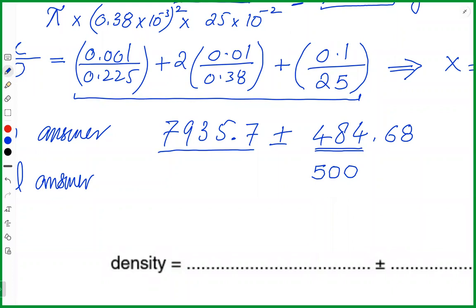Is it 7, 9, 3, 5, or the second 7? Sir, 3. No. If, for example, you have to read it, will you read it 7,935 or 79,357? Are you sure? Do you see this decimal sign over here? Is it visible?